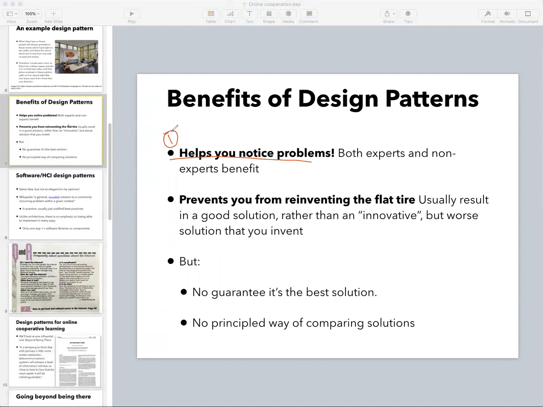The second benefit is that if you've never thought of how to solve a problem before, you might do a good job, but it is unlikely that you would reach the optimal solution immediately. It is also very likely that you will reinvent somebody's previously discovered solution and actually do a poor job of implementing it.